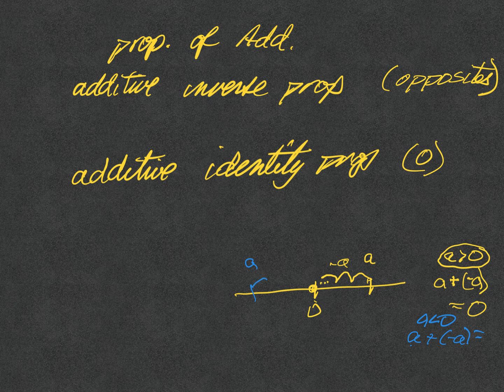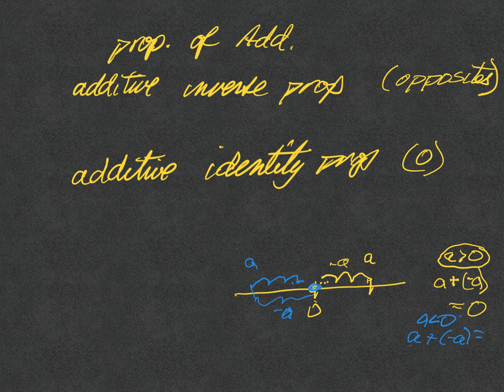So then we're going to move in a positive direction, a units, and therefore that takes us to 0. So in this case, the opposite was a positive if the number was a negative.